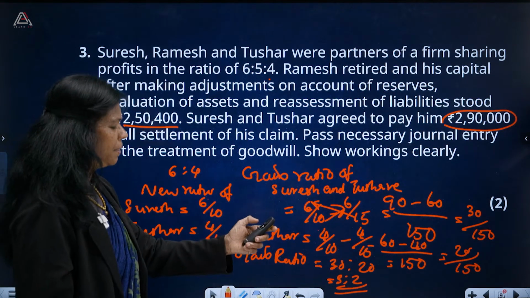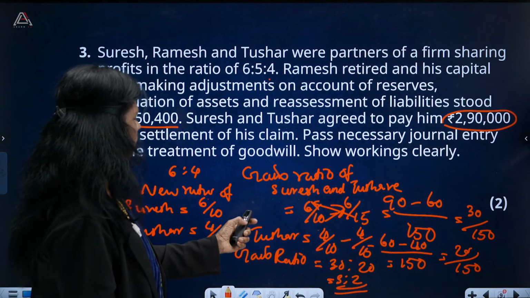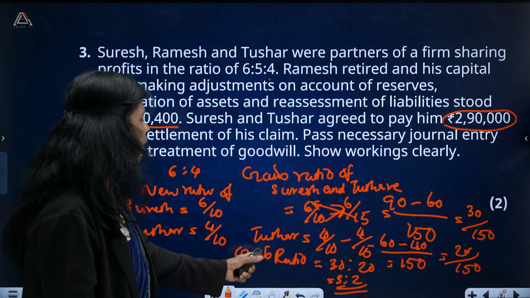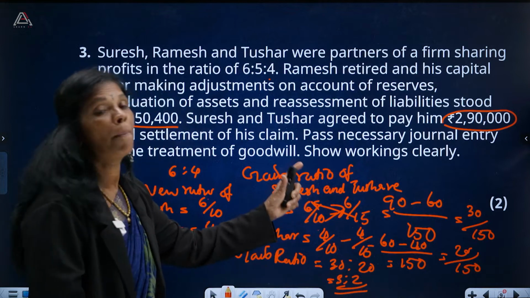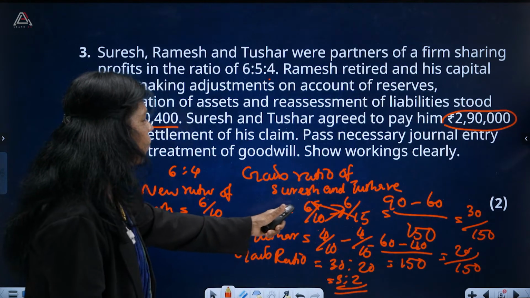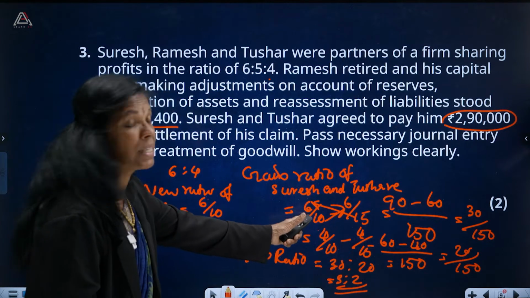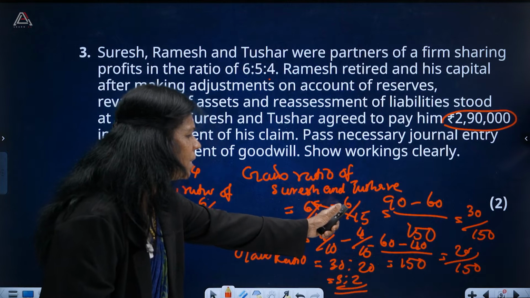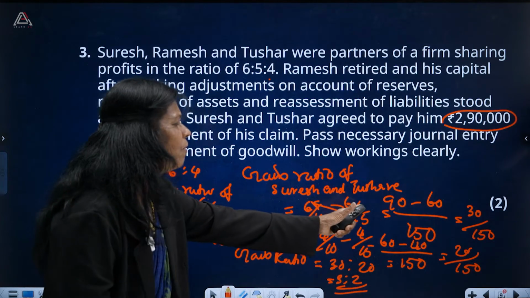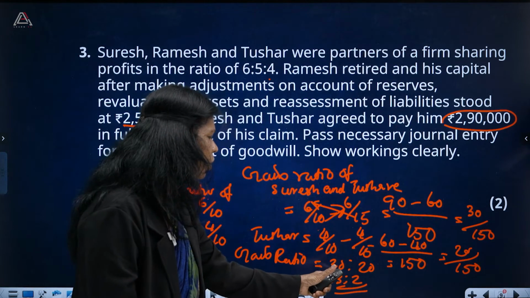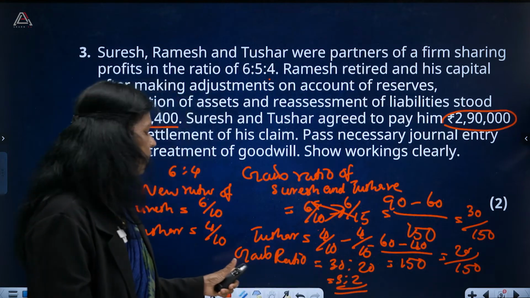Let us see. Have you understood how to find out the gaining ratio? Gaining ratio means new ratio minus old ratio. New share of Suresh is 6/10 and old share of Suresh is 6/15. Then we got 30/150, which we divide to get 3:2.